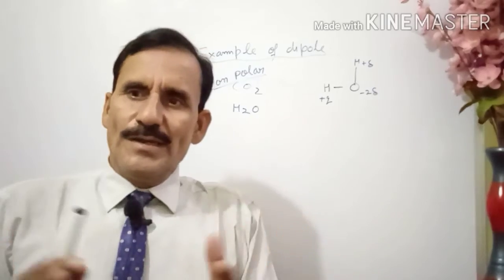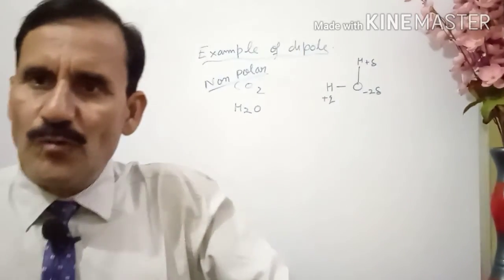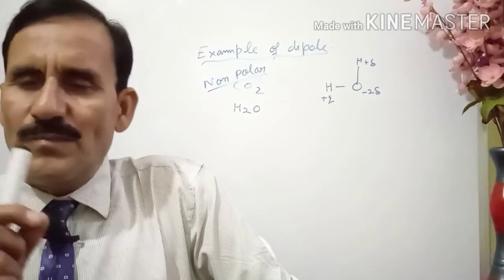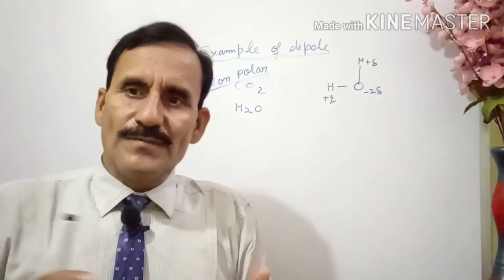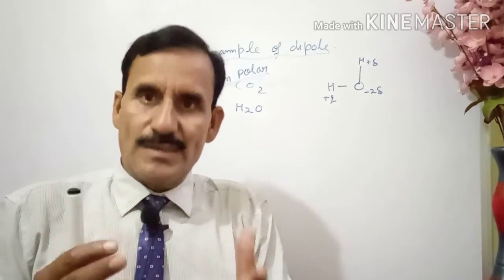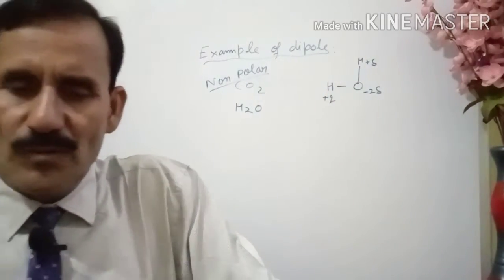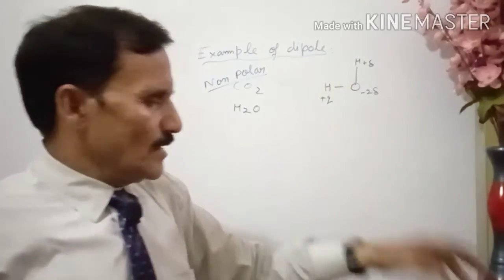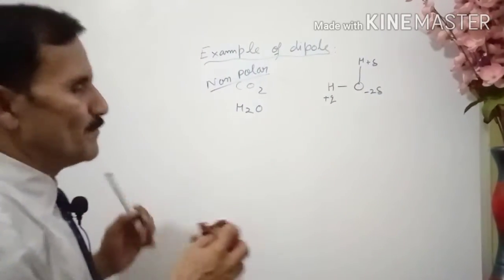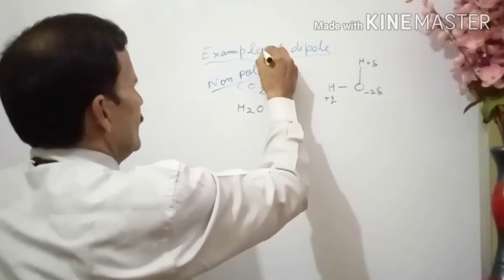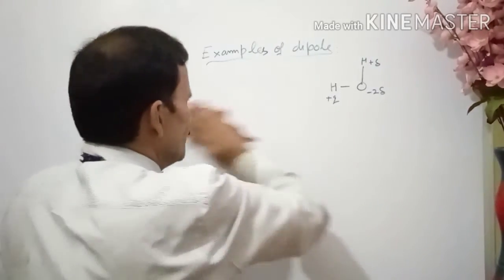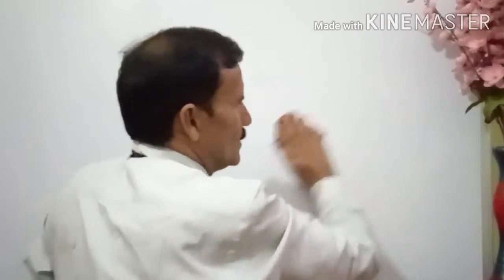Polar molecules are those in which the net electric dipole moment is not zero, and non-polar are those in which the net electric dipole moment is zero. Okay? So this is because of the electric dipole moment. So these are the examples of dipoles. Basically we have covalent compounds and we explain polarity and non-polarity with the help of electric dipole moment.